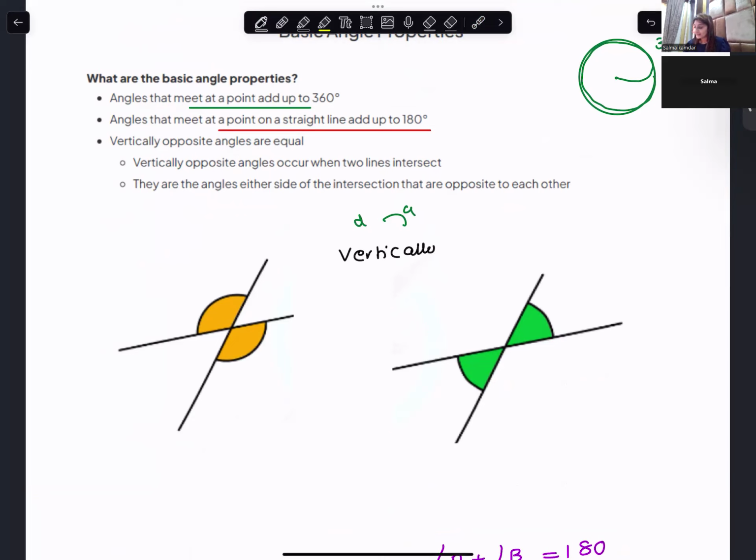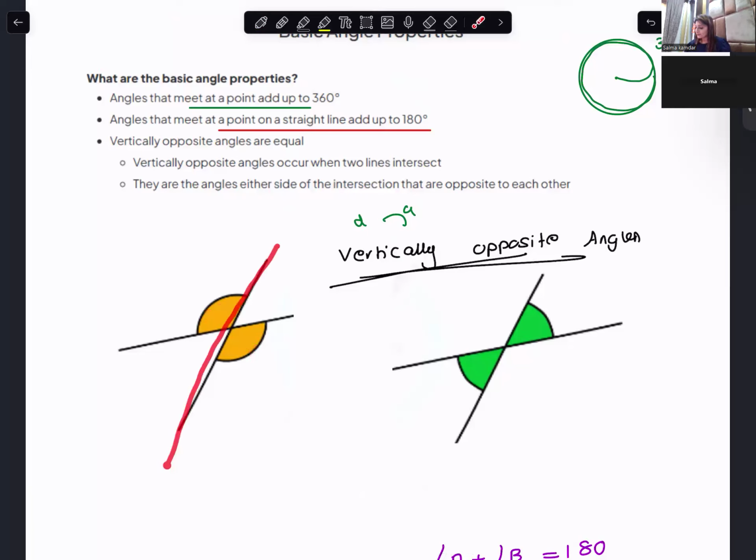Now we talk about another property, which is called the vertically opposite angles. When I'm talking about vertically opposite angles, if you see this angle that is marked in yellow, they are vertically opposite angles.